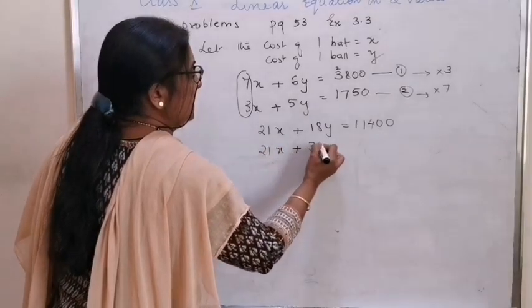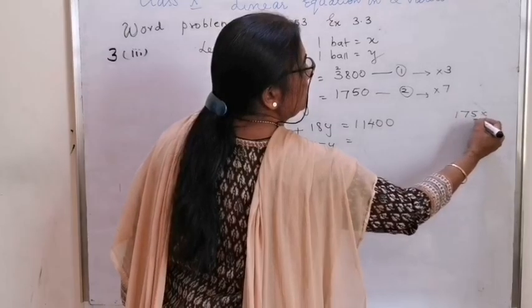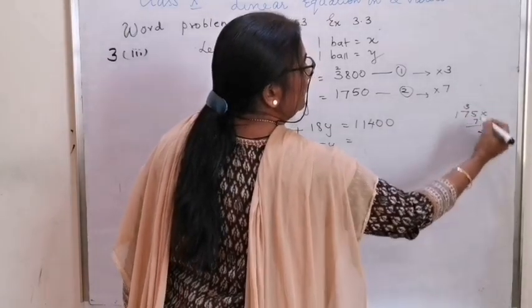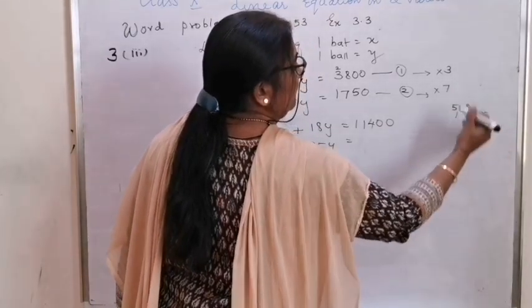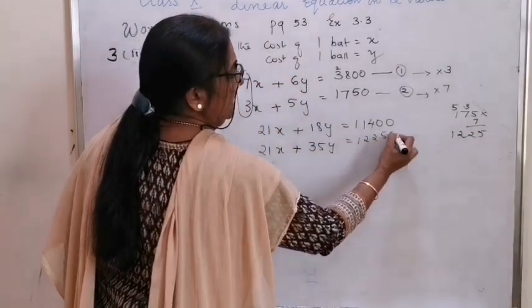21x plus 35y is equal to 175 into 7, which is 12,250.